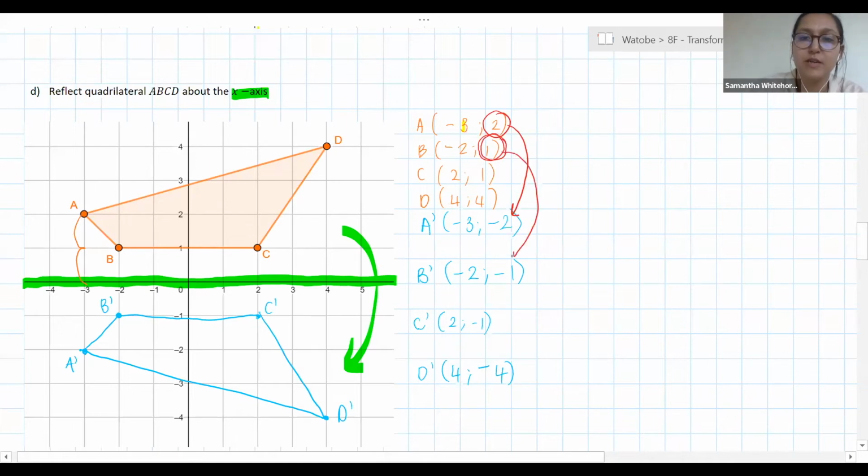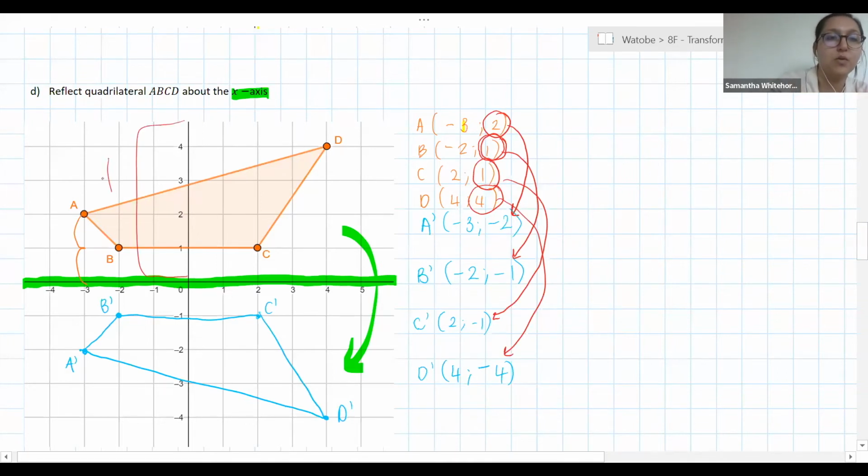When I reflected, it became -1. This is a pattern I'm seeing for all of these: the y coordinates are changing their sign. This makes sense. I'm going from a place where all of my y coordinates are positive to a place where all of my y coordinates are negative. And because I'm flipping down, the signs should indeed change.